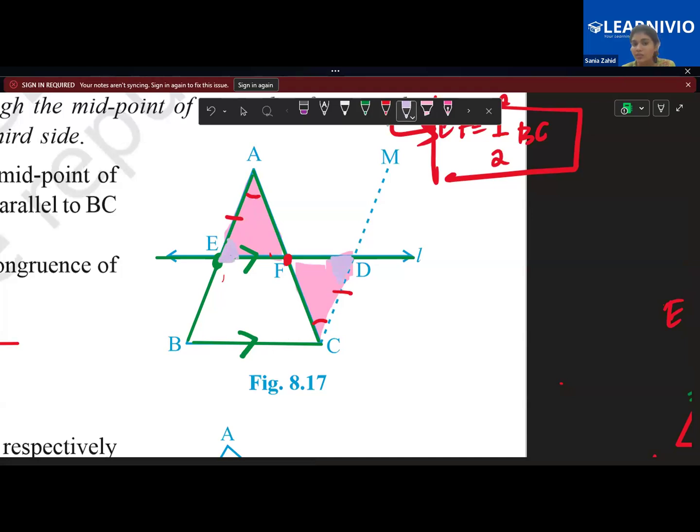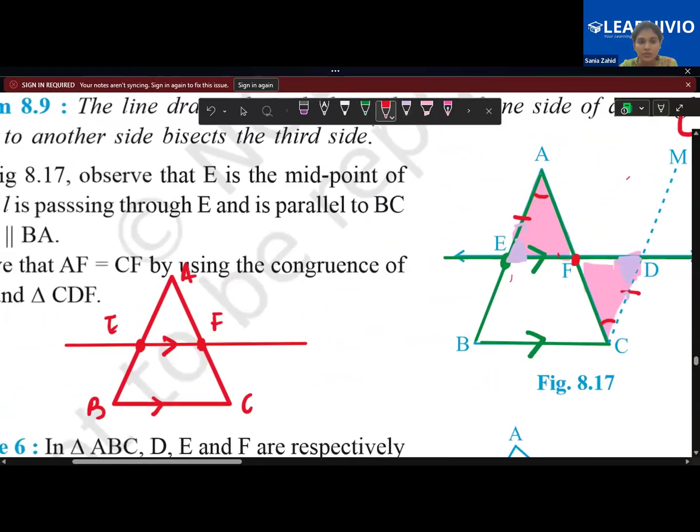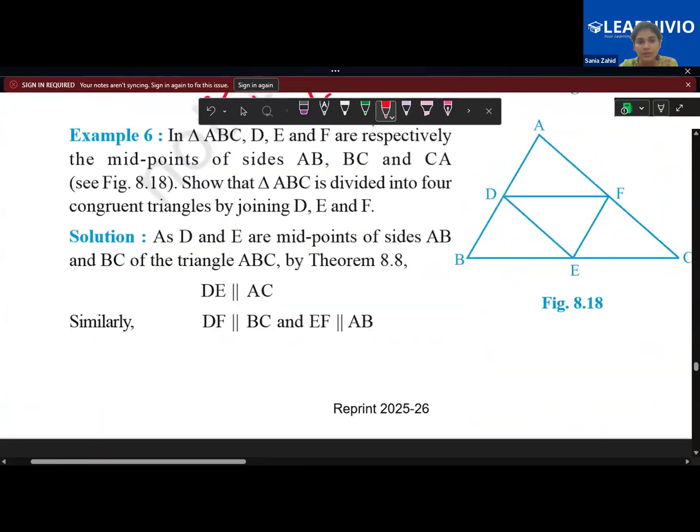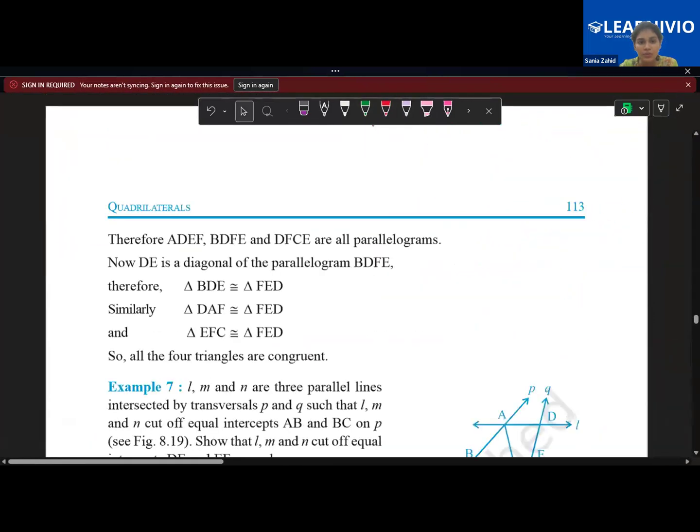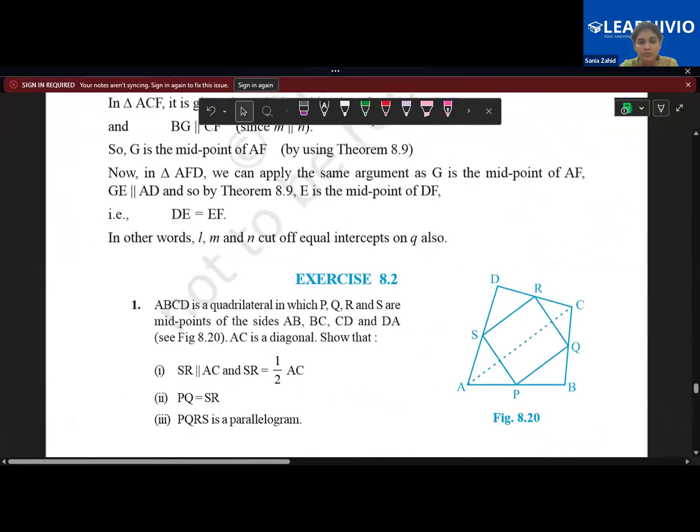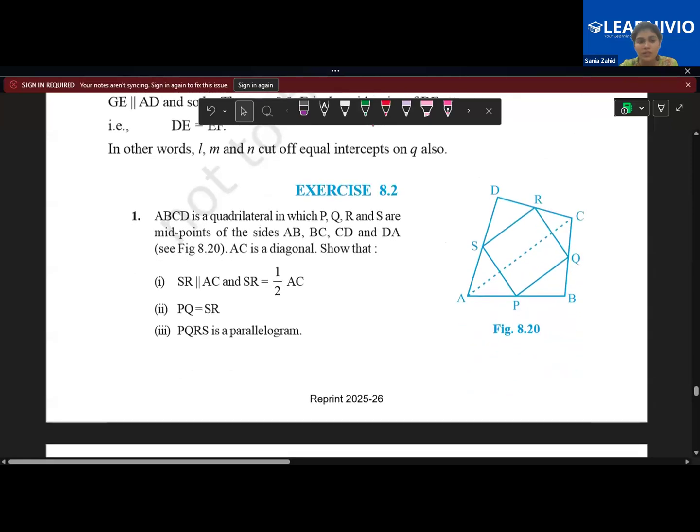Why? Because this side is parallel to this side, right? So I will have ASA congruency like this. So if it is congruent, very easily AF is equal to FC. This proof you can try as your homework. Next, we come to some questions of the midpoint theorem. Okay, look at this question.